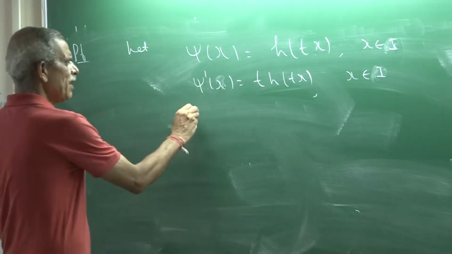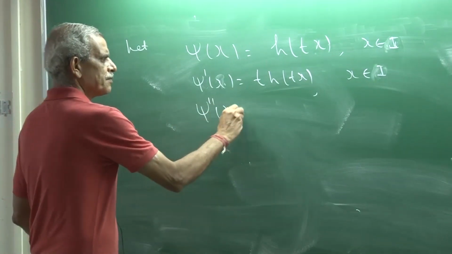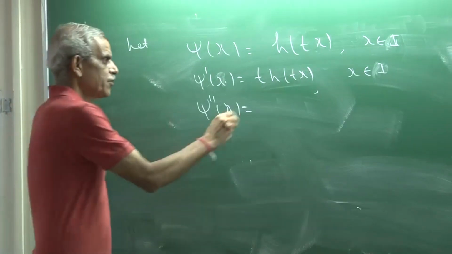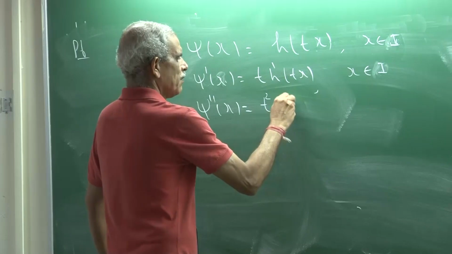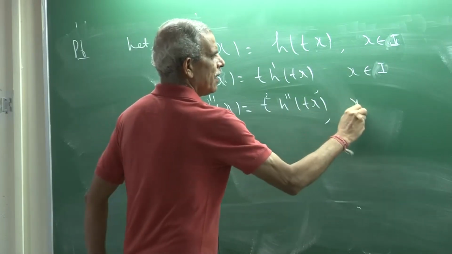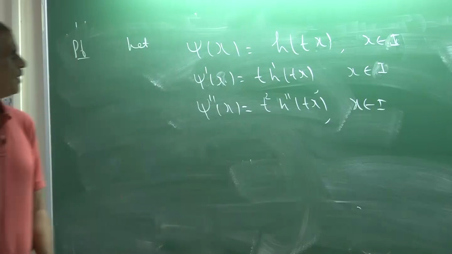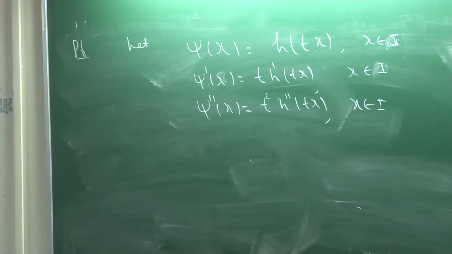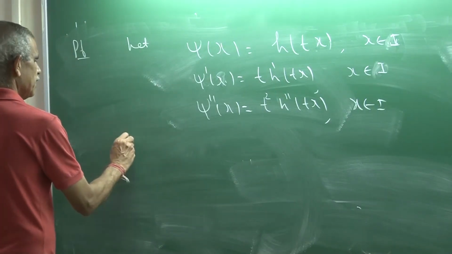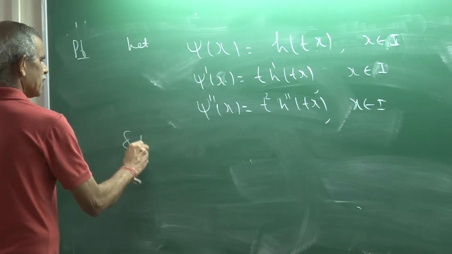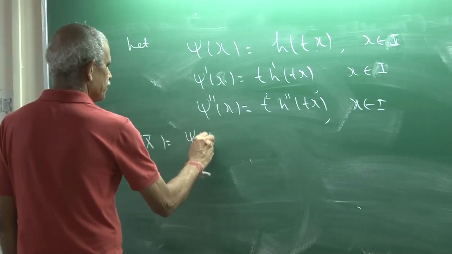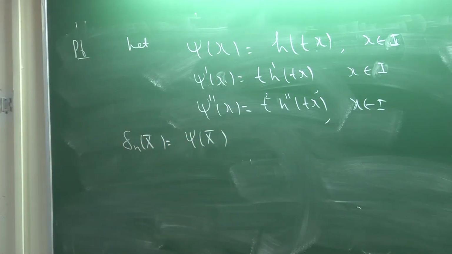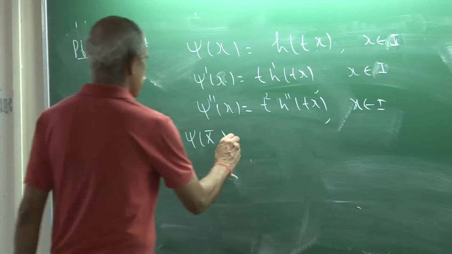And what would be psi double prime x? This would be t square h double prime of tx, x belonging to I. And let me call this delta n x bar as psi of x bar, which is the same as h of t of x bar.